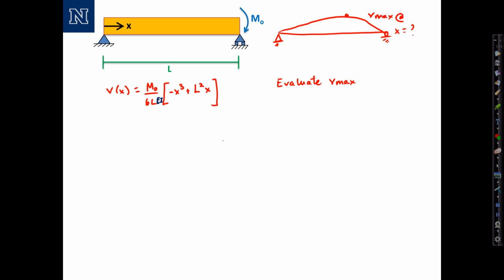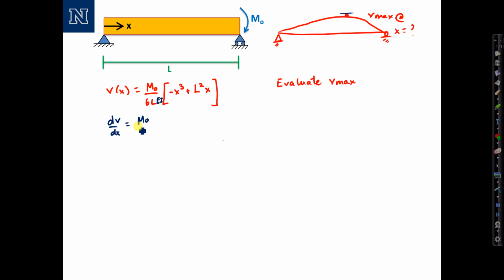Now we need to evaluate the maximum deflection. We don't know where it occurs, but what we do know is that at the location of the max, the derivative, or the rotation, is equal to 0. So we'll use that as a basis for finding the location. Solve for dv by dx, set it equal to 0, solve for x, and then we'll evaluate the deflection there.